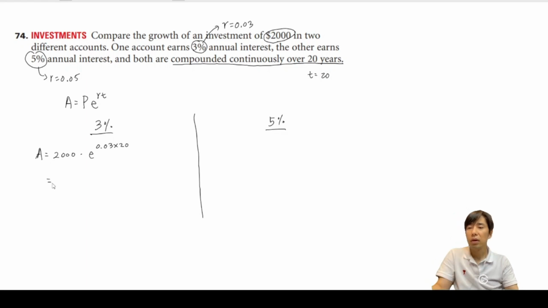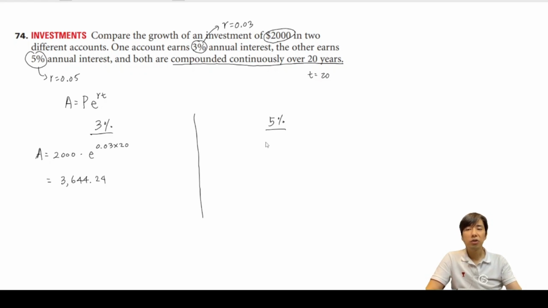So this is 2,000 times e to the power of 0.03 times 20. That's $3,644.24.